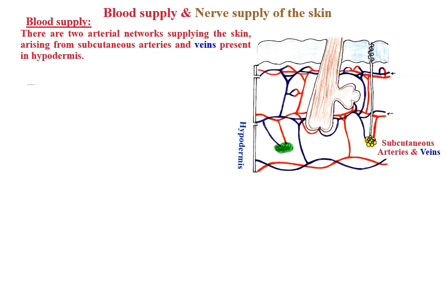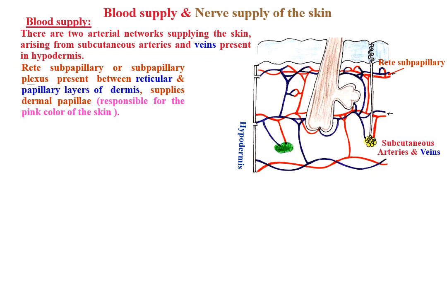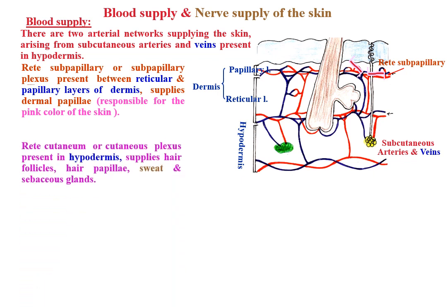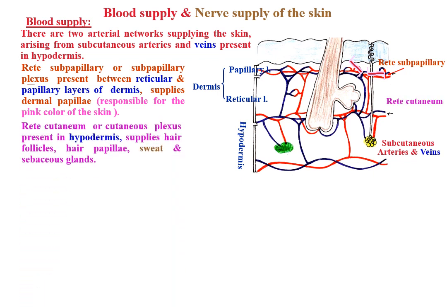These networks are the subpapillary plexus, present between the reticular and the papillary layers of the dermis, which supplies the dermal papillae, and this plexus is responsible for the pink color of the skin. The cutaneous plexus, present in the hypodermis, supplies hair follicles, hair papillae, sweat, and sebaceous glands.